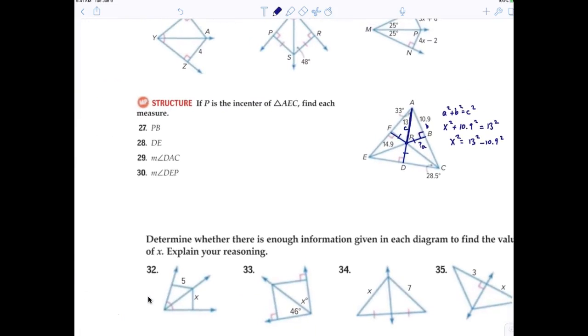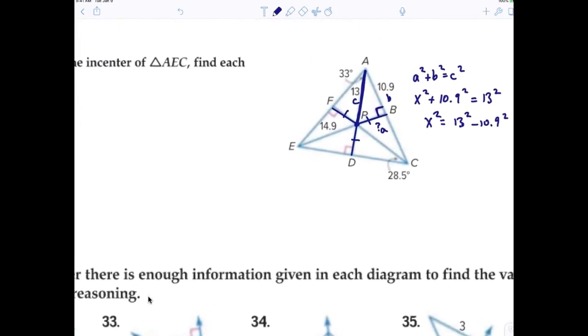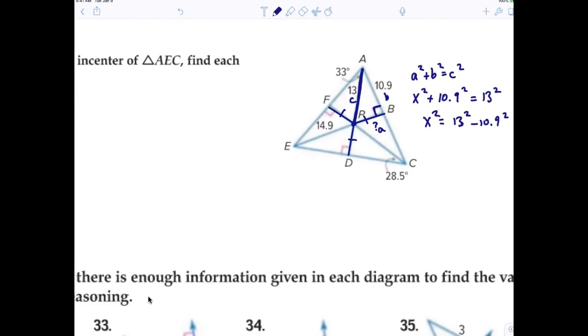All right, so what's 28? DE. So this is DE, right? Because now we know this was 7.1, right? So now it's just 14.9 squared equals 7.1 squared plus b squared, or x squared, whatever.